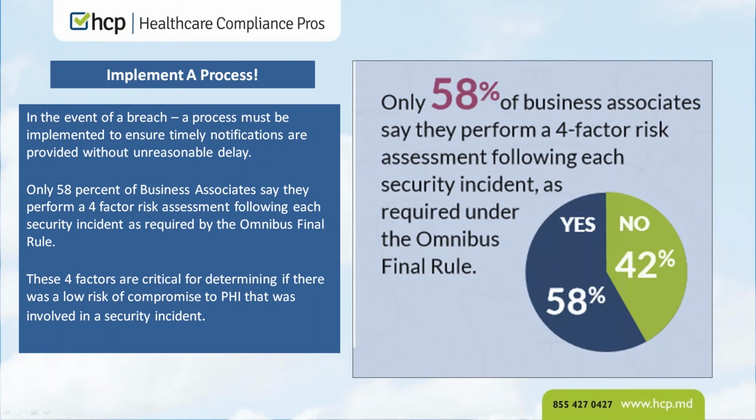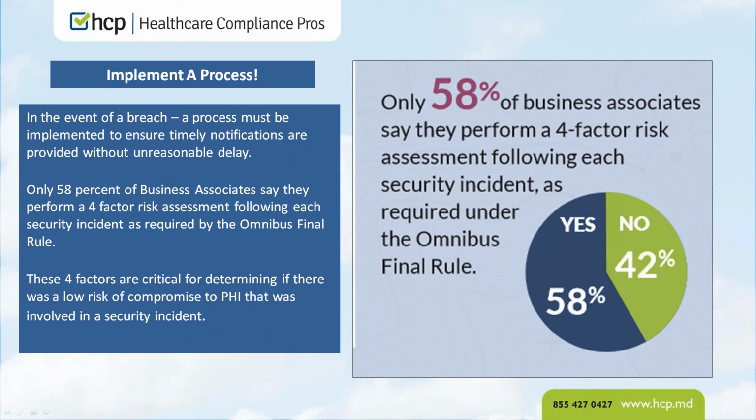Here we've got another result from a national poll which says only 58% of associates say that they perform a 4-factor risk assessment. Although we asked what you thought, do you think they're doing it, this is the poll that's actually the answer. 58% are performing a 4-factor risk assessment nationally following a security incident as required under the Omnibus Final Rule, where 42% of all business associates polled said they were not.